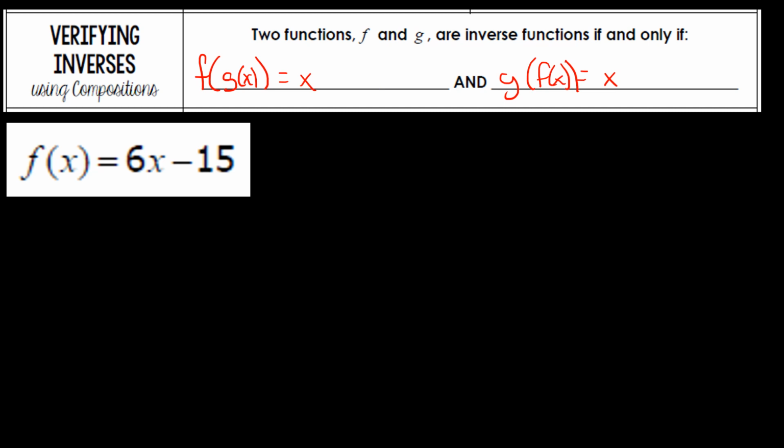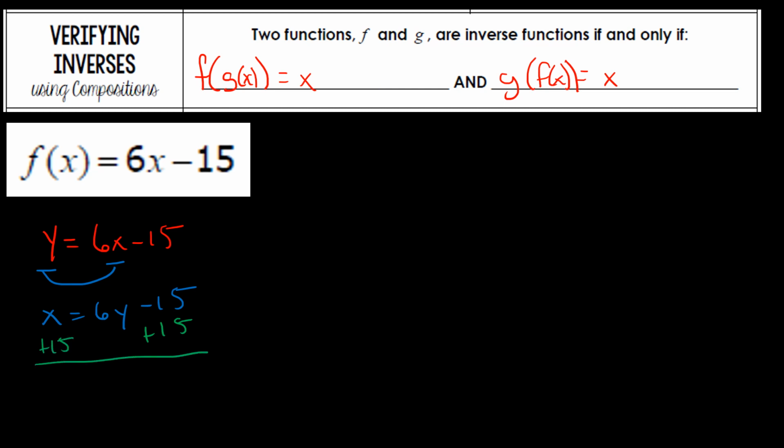So let's do this. Let's go ahead and solve for the inverse of this one here. So we're going to say y equals 6x minus 15. You'll recall, to get just a quick inverse, we're just going to switch our x and y. We'll say x equals 6y minus 15. I want to solve for y, so we'll add 15 to both sides. We'll say x plus 15 equals 6y.